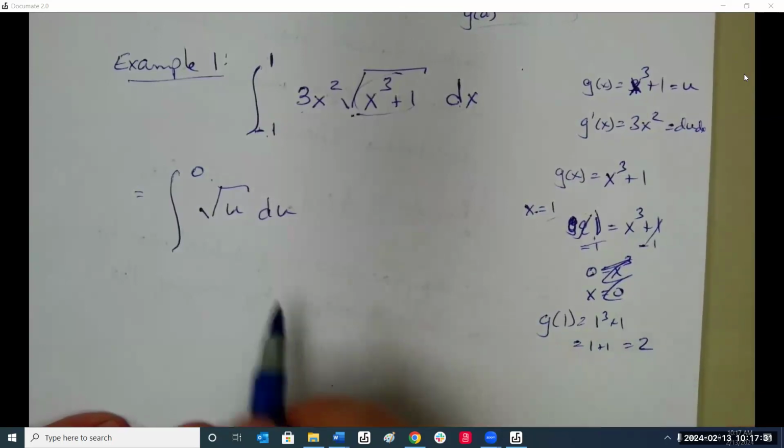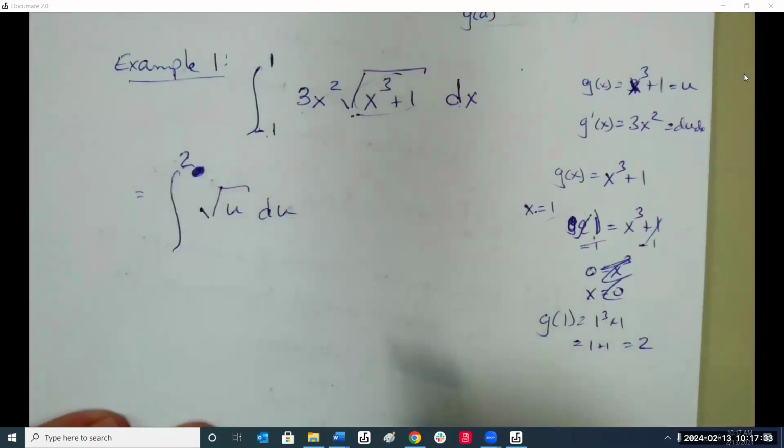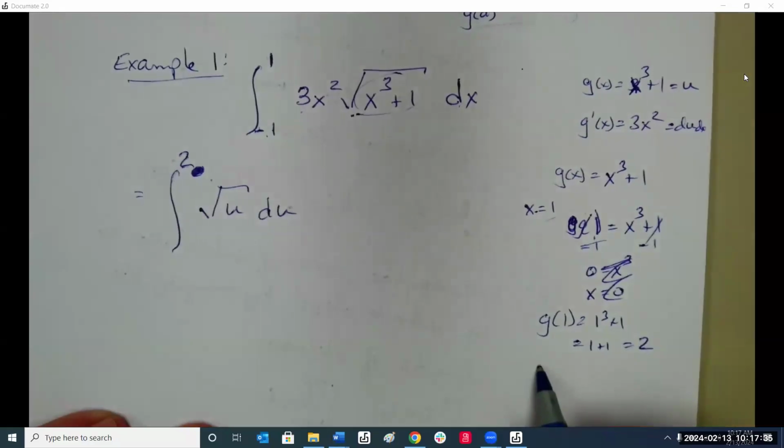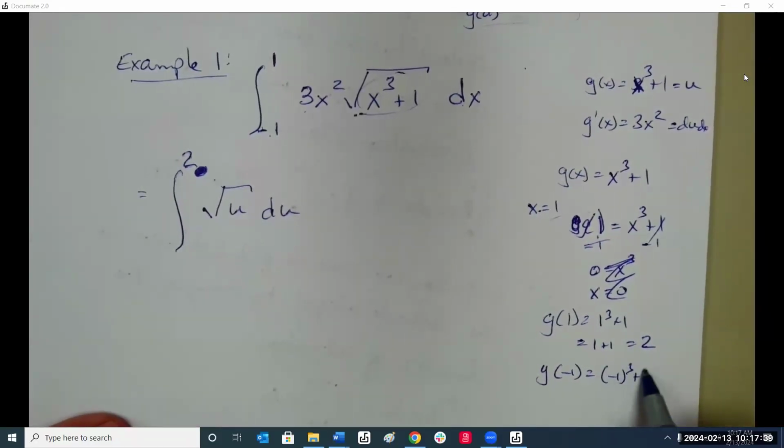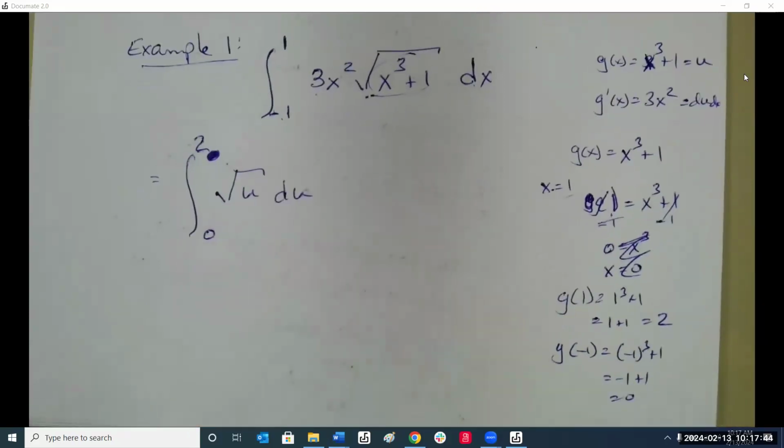So g of 1 is 2. Then g of negative 1 is negative 1 cubed plus 1. Negative 1 plus 1 equals 0. Those are my bounds of integration.